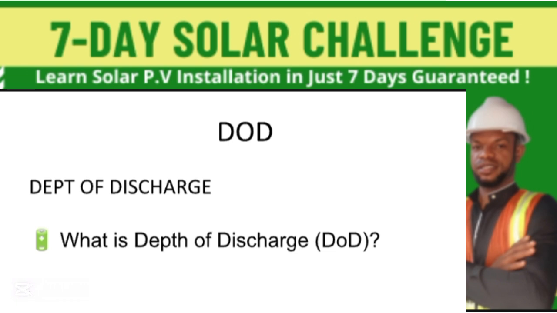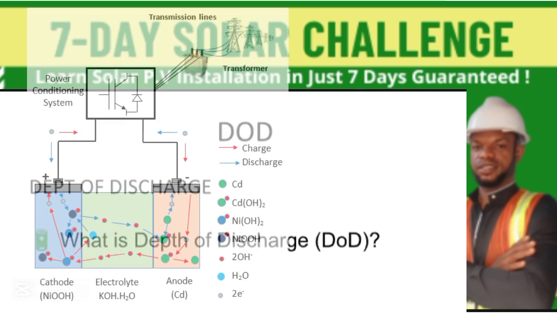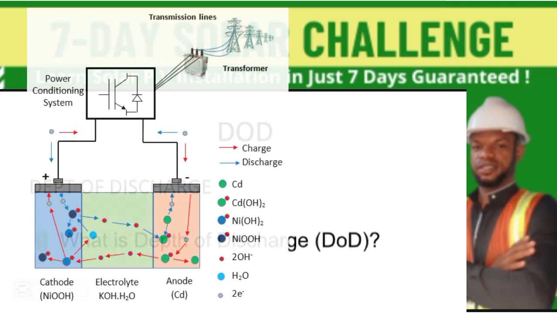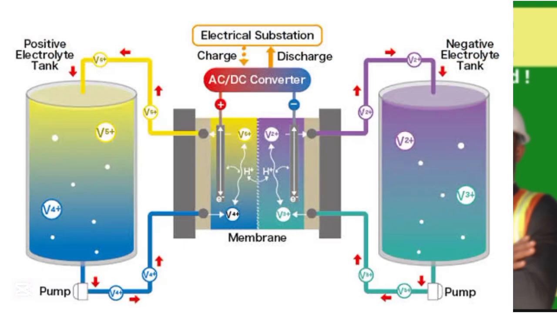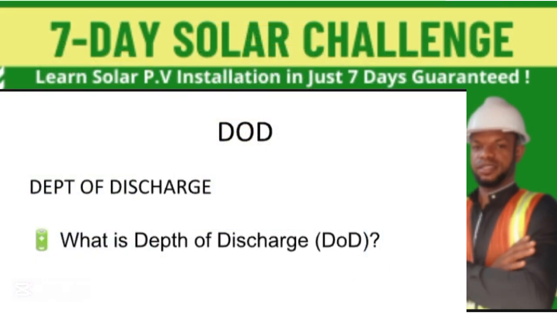Like I've said earlier, lead acid batteries, their safe zone is within 50% of their capacity. Lithium ion batteries, they give up to 80% of their capacity. And then you know about all those large scale batteries like nickel cadmium and flow batteries. They have 100% depth of discharge.